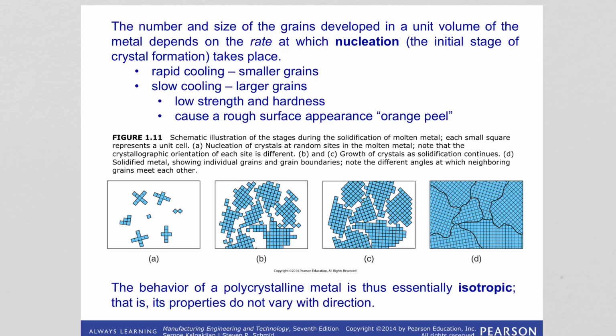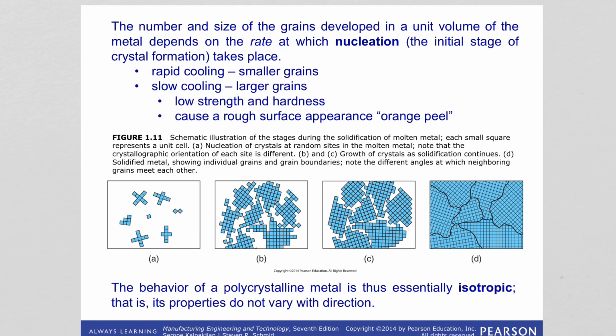And with slow cooling, you provide the material more time while you are cooling it, so there is more time for diffusion, for atoms to move around, and therefore it will have larger grains. And larger grains mean, of course, low strength and hardness.